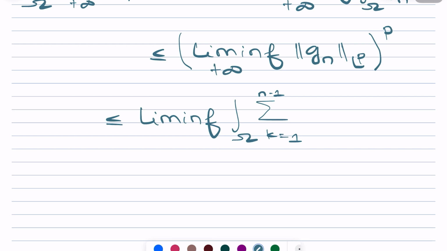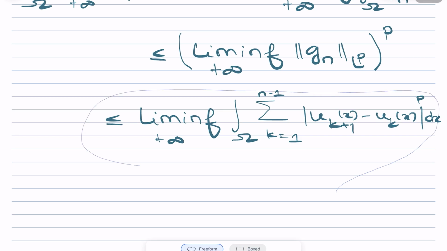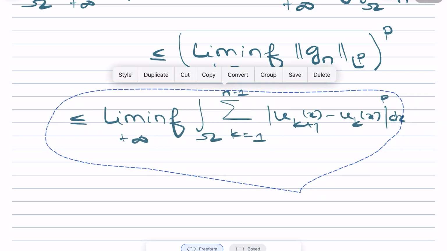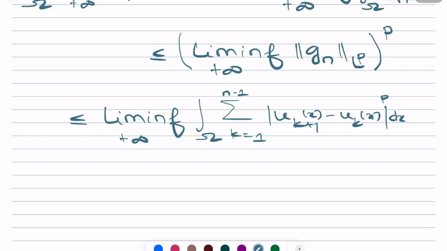This is also equal to the lim inf of the integral of the summation of the absolute value of uk plus 1 of x minus uk of x, to the power p dx. You have to shift it a bit to the left, and this is everything raised to the power p.